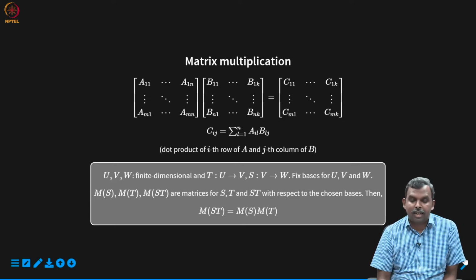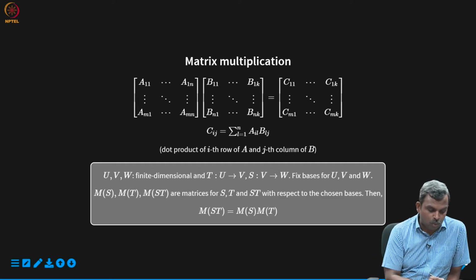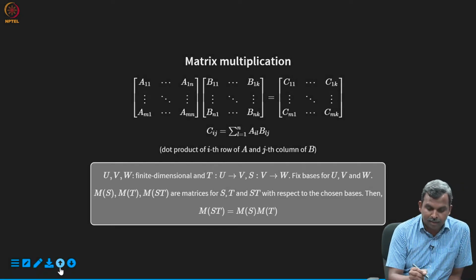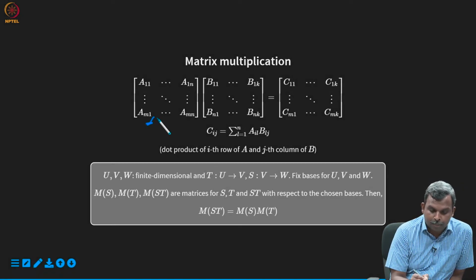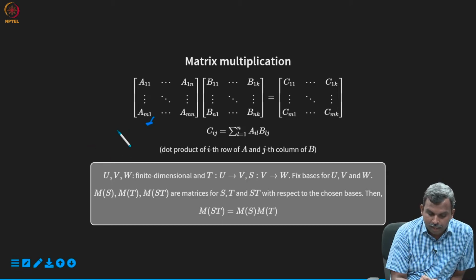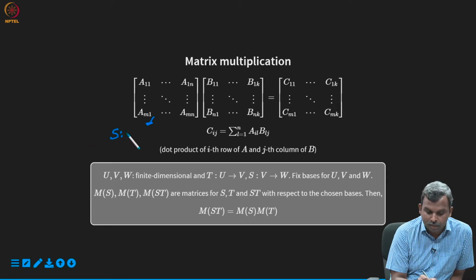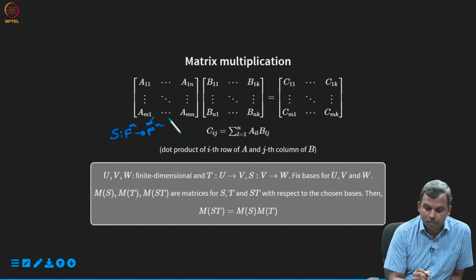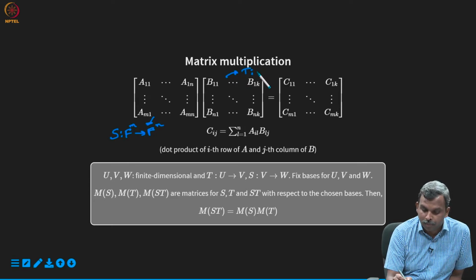So if you define it like that, the composition of the linear transformations is well respected. What does that mean now? It means that this guy represents S, which goes from Fn to Fm, and this guy represents T, which goes from Fk to Fn.